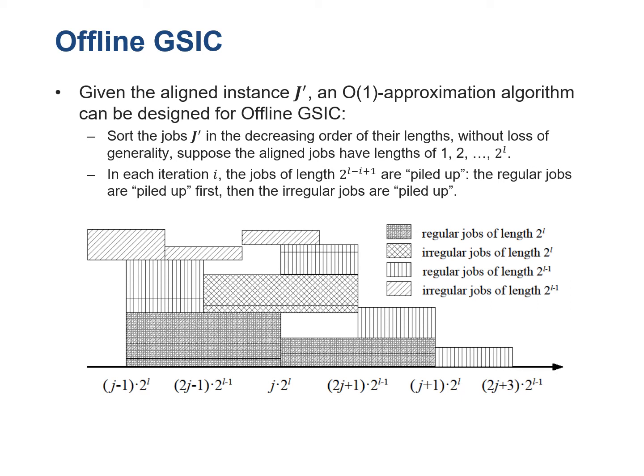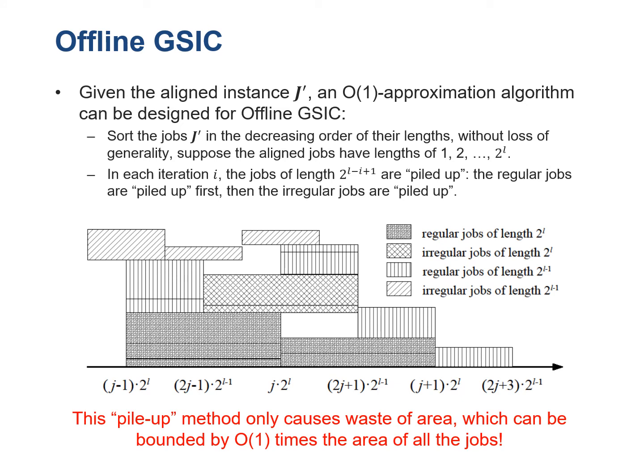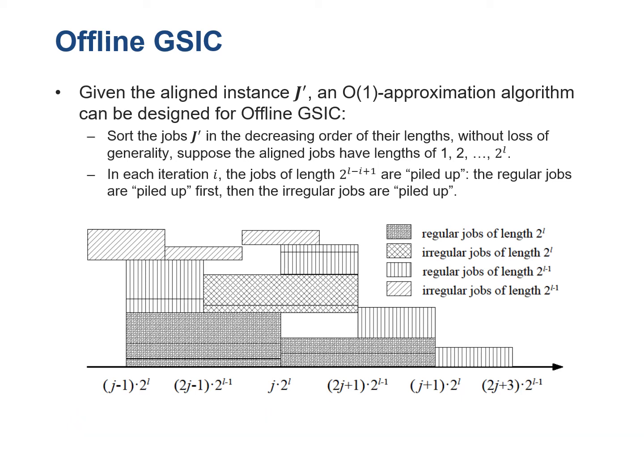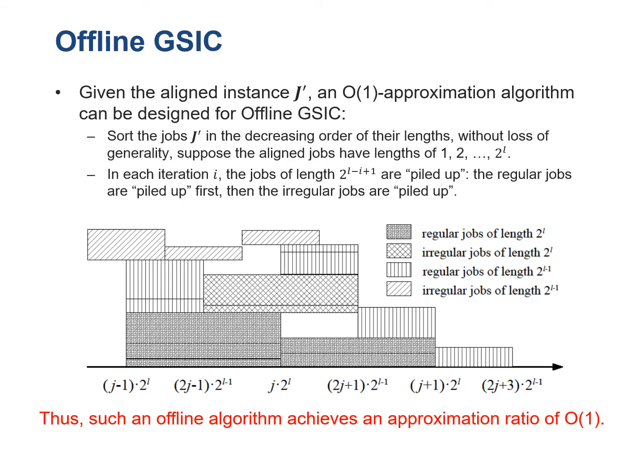This strategy will for sure produce some waste, as shown in this picture, but fortunately, the waste area is no more than a constant multiple of the total job area. And that is mainly why this algorithm achieves a constant approximation ratio.